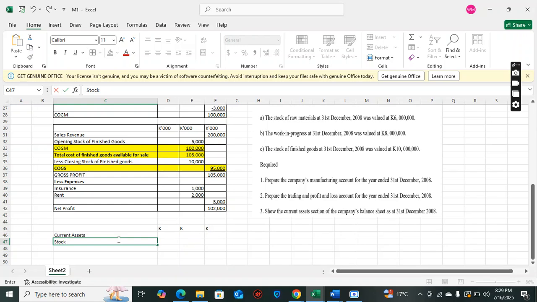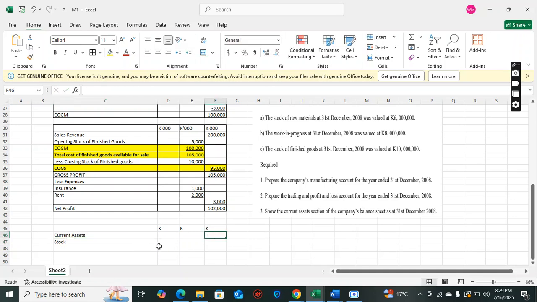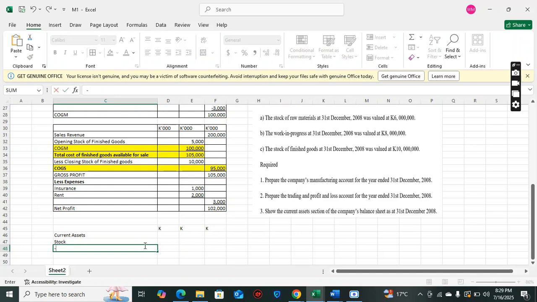Yes, that has to be used up within 12 months. Okay, so here, our current asset is our stock or our inventory. We first include our raw materials, the raw materials we've remained with, the ending raw materials.